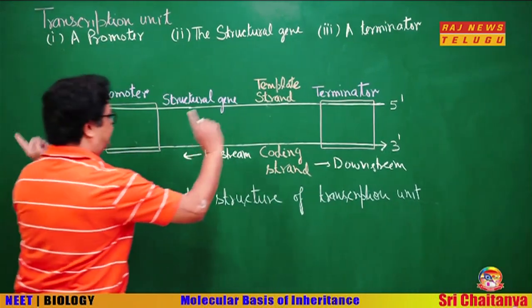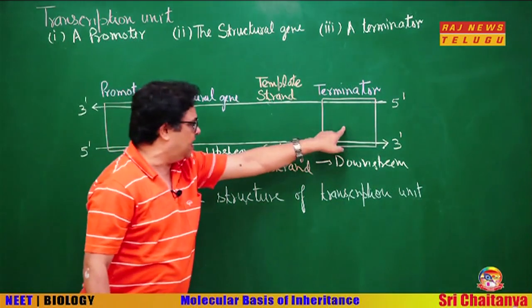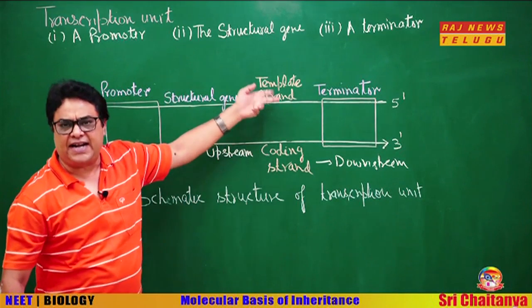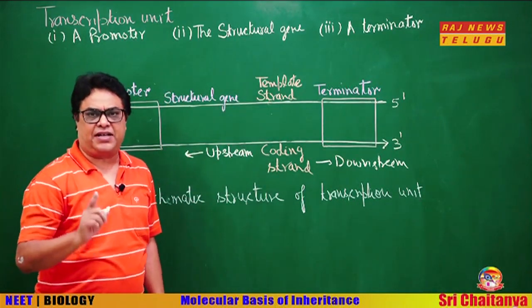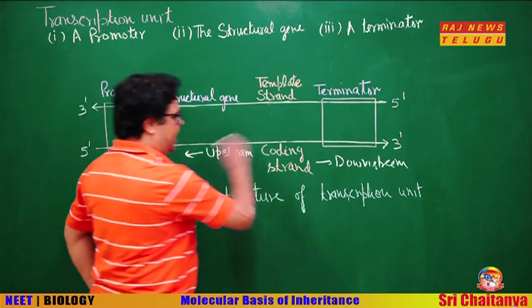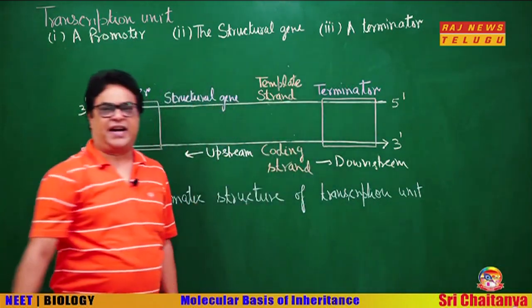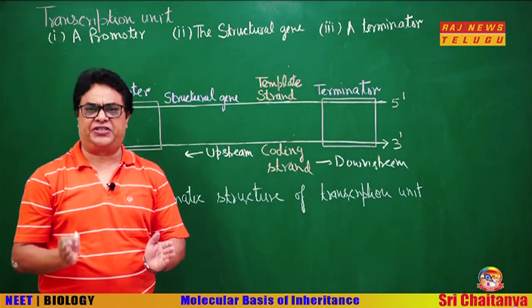Because if we swap the position of promoter and terminator, if promoter comes here and terminator comes here, then the reference of coding strand and template strand will also change, because as I said, promoter is always present towards the 5' end of the coding strand. So, then this strand will become coding strand and this strand will become template strand. So, with this we finish the transcription.